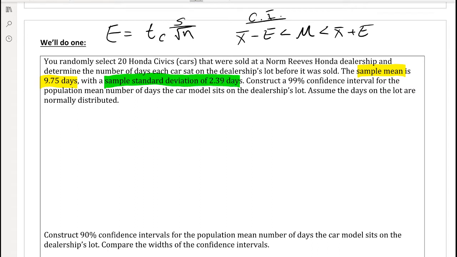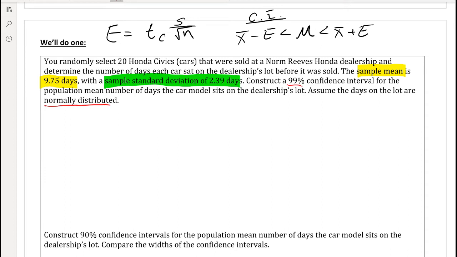Construct a 99% confidence interval for the population mean number of days the car model sits on the dealership lot. Assume that the days on the lot are normally distributed.